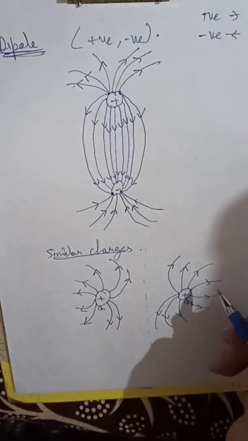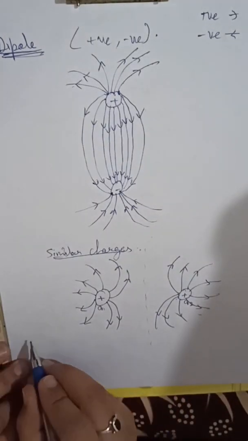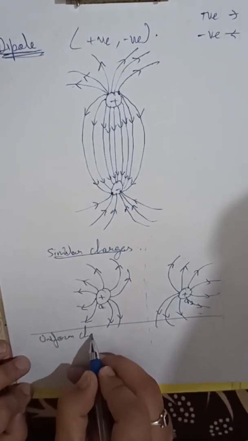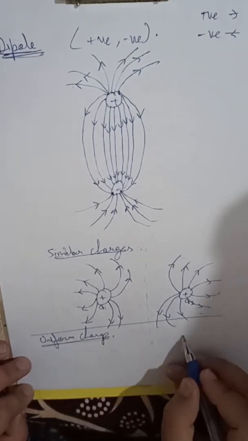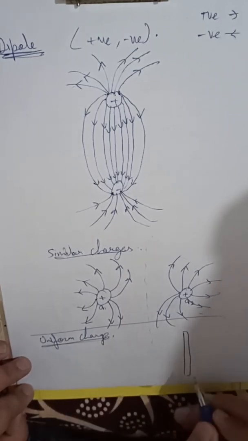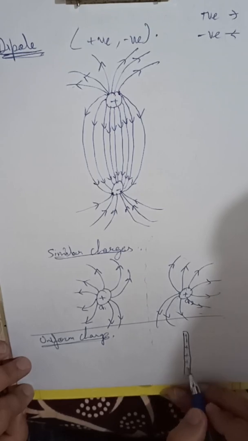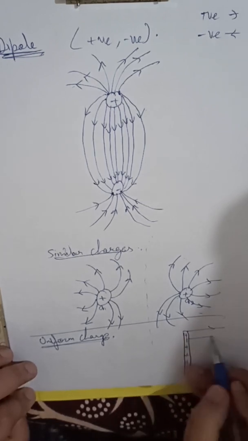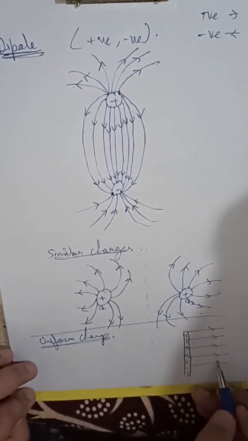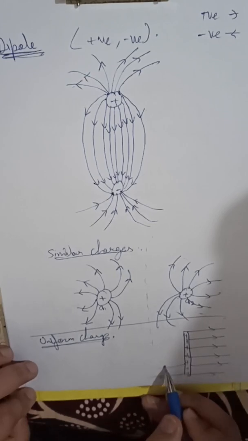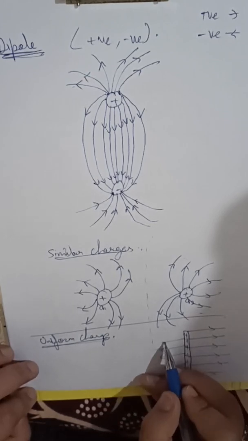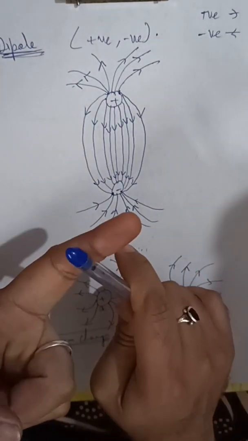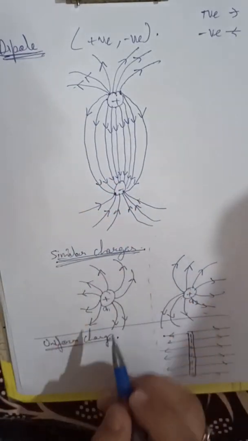Same with negative ones, but they will be in. And for a plain sheet of paper, say for a uniform charge, let it be this, containing positive charge or uniform charge, then the electric lines of forces will be outward from this side also. This completes your representation of electric field lines in positive charge, negative charge, dipole, similar charges, and uniform charge.